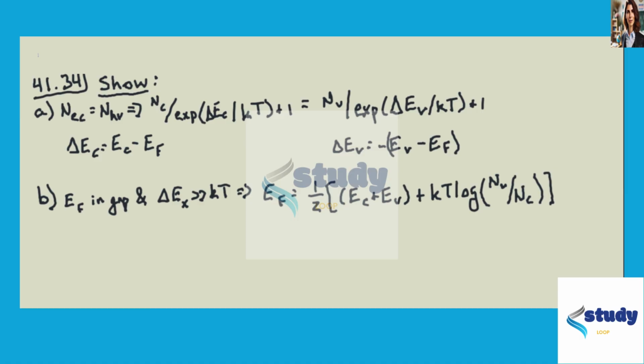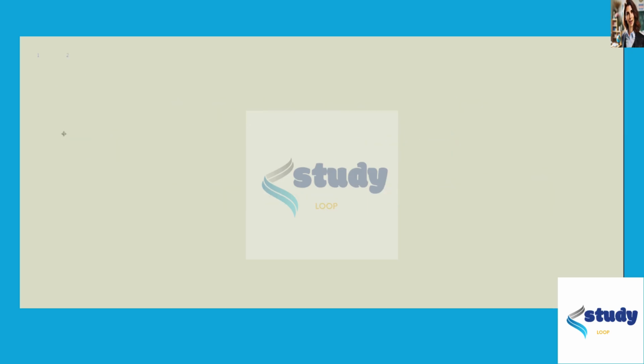41.34, there are these two things we're supposed to show that are true. This has to do with if we have an undoped semiconductor, we can have a simplified model where we replace the actual distribution of energy states with just having NV states in the valence band that all have the same energy, and NC states in the conduction band that all have the same energy.